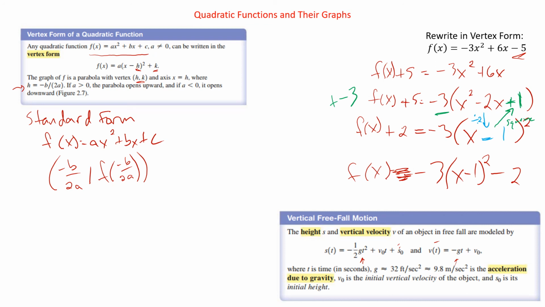So 9.8 meters per second squared is what it would be if you're given stuff in meters. So it's important to look at what units your problem is in so that you use the right number. And then that number itself is just the acceleration due to gravity, and it's constant.